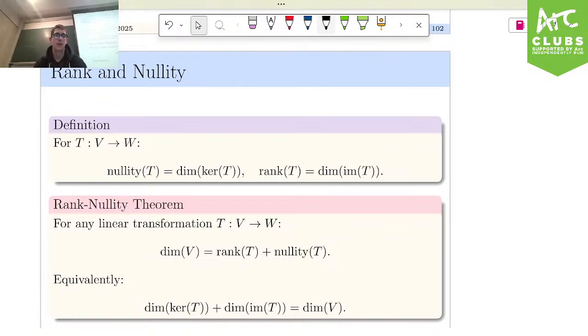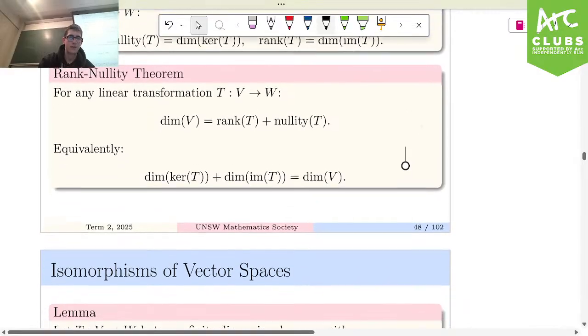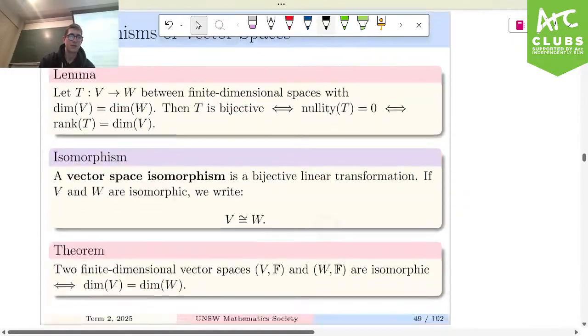So that means that if we increase nullity, rank decreases, and vice versa. So if you do all the calculations and you look at the proof of this, it does turn out that they're corresponding in that exact way. And you can look at it that way as well.